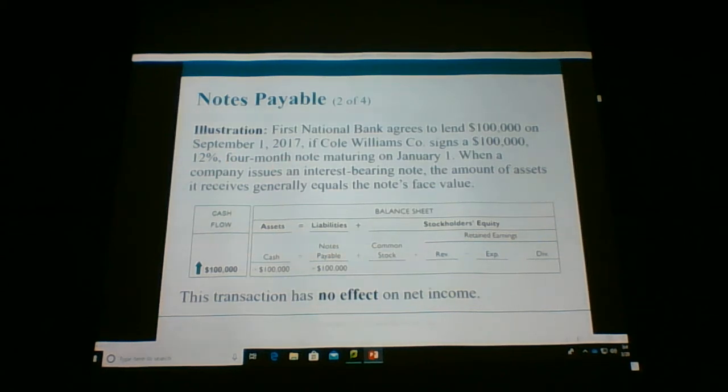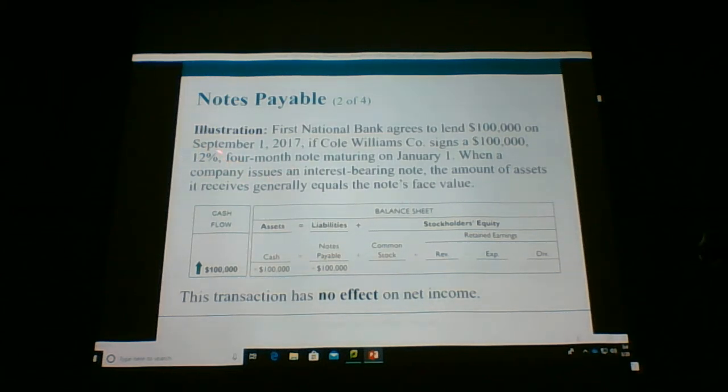Well, we know that there are 12 months in a year, and so if we were to take 4 over 12, we would simplify that to 1/3. So Cole Williams Company is only going to be paying 1/3 of that $12,000. We multiply 100,000 times 12%, but only 1/3 of that.